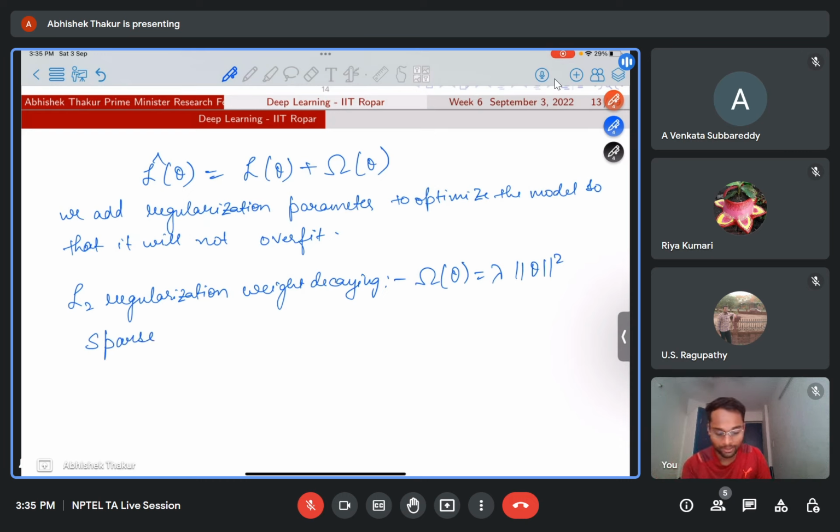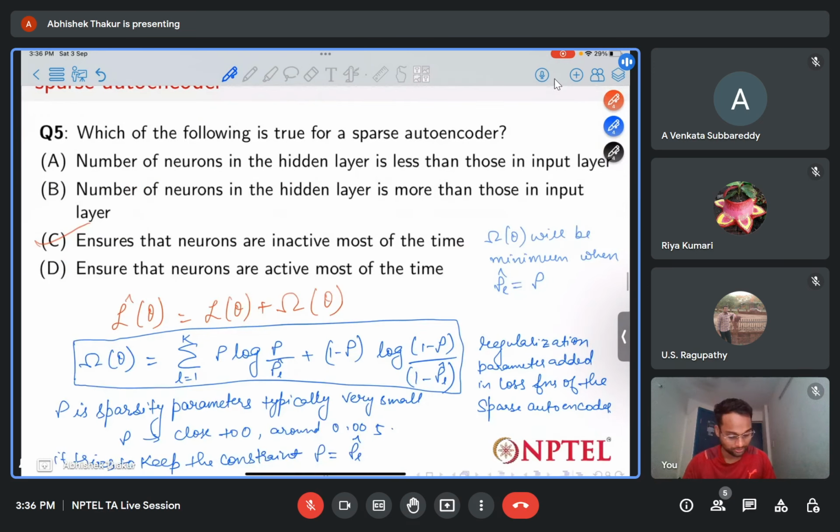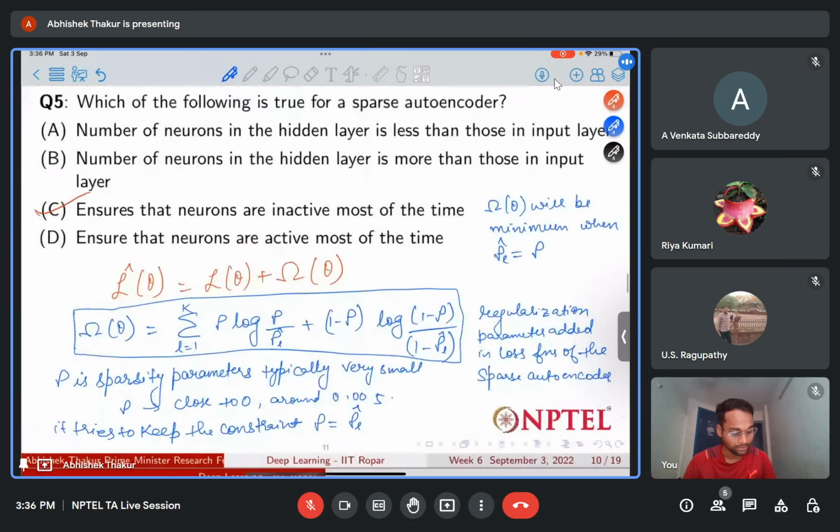In this, omega theta is equal to the sum from i equal to 1 to k of rho log rho by rho l hat plus 1 minus rho log 1 minus rho by 1 minus rho l hat. Okay, like I have already taught this today, you can see here.